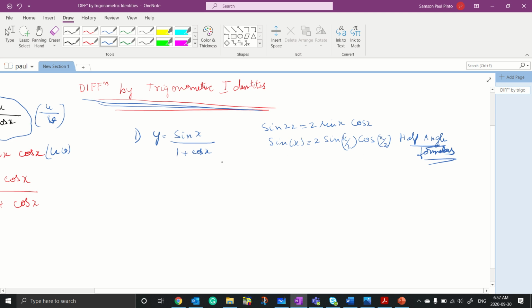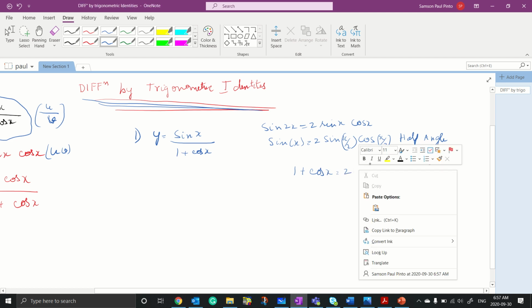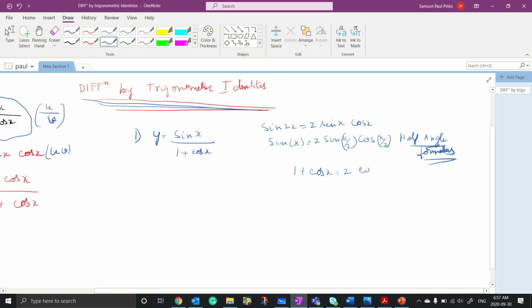There is also a half angle formula for 1 plus cos x, and that is directly 2 cos square x by 2.